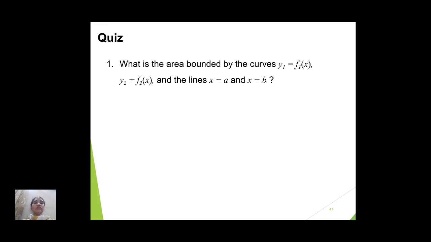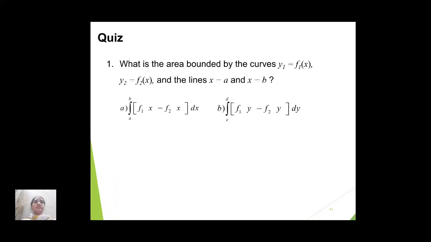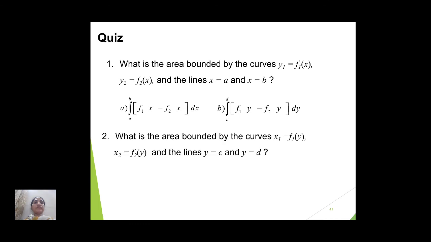Next, formulas. What is the area bounded by the curves y1 equal to f1 of x and y2 equal to f2 of x and the lines x equal to a and x equal to b? So integral a to b f1 of x minus f2 of x dx.